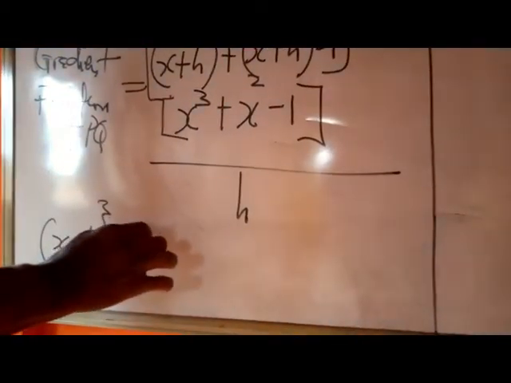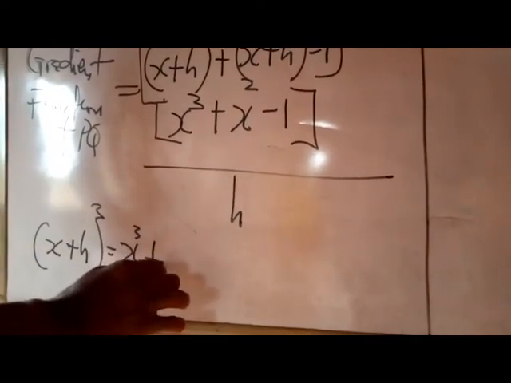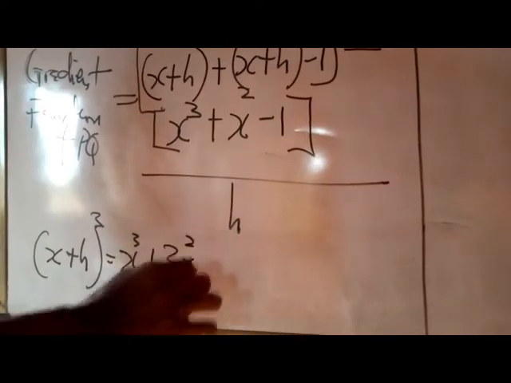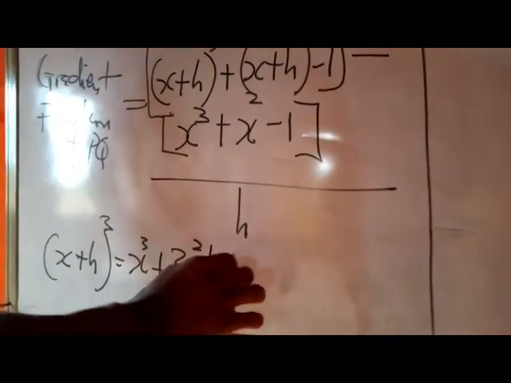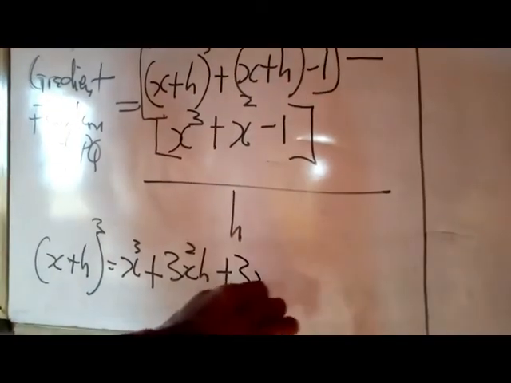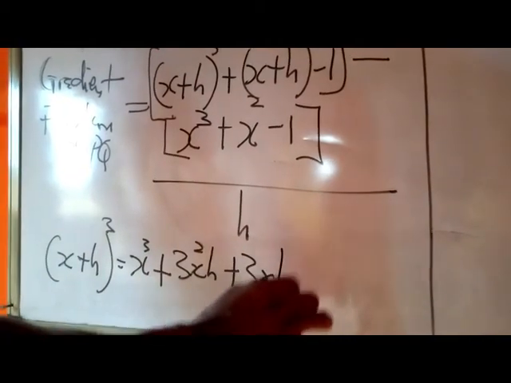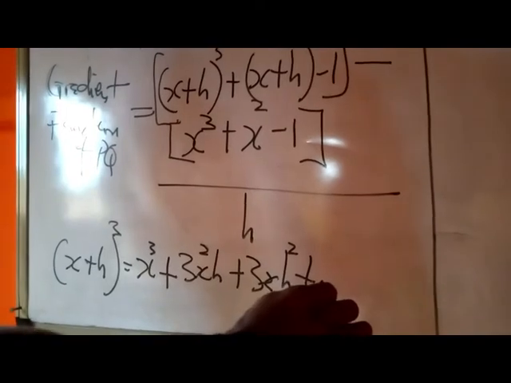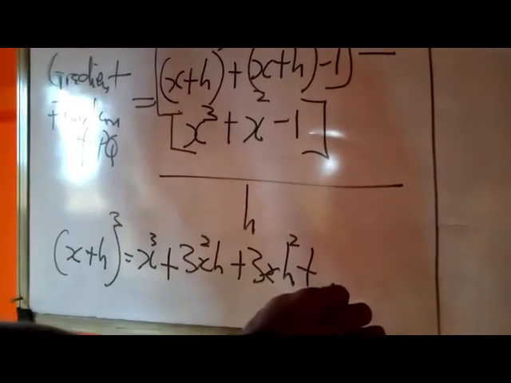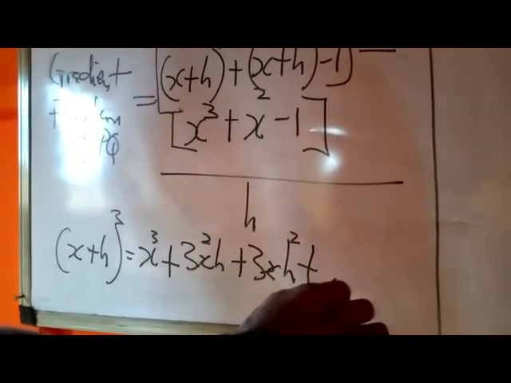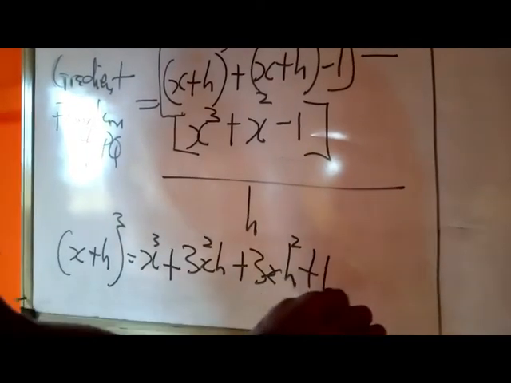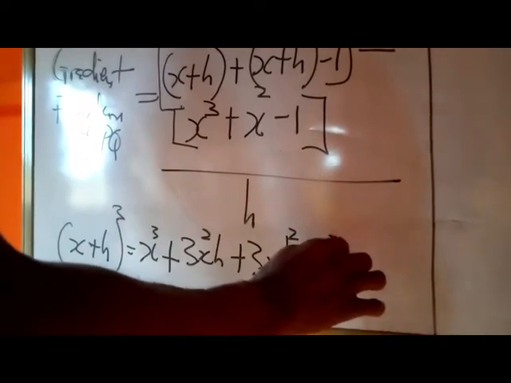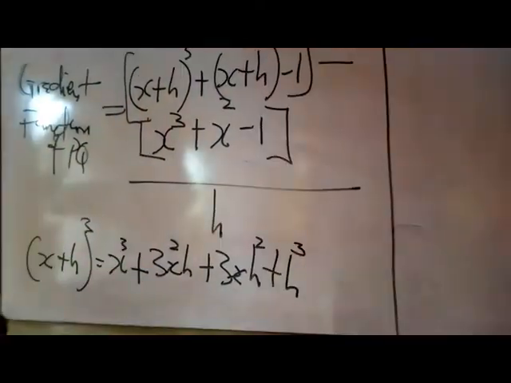x raised to power 3 plus 3x squared h plus 3x h squared plus h raised to power 3.